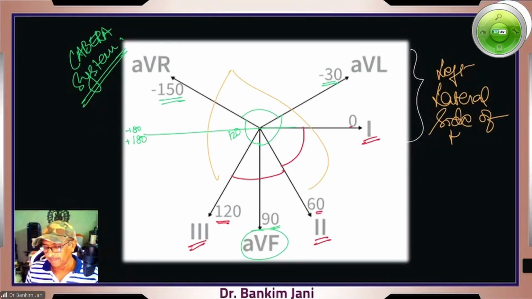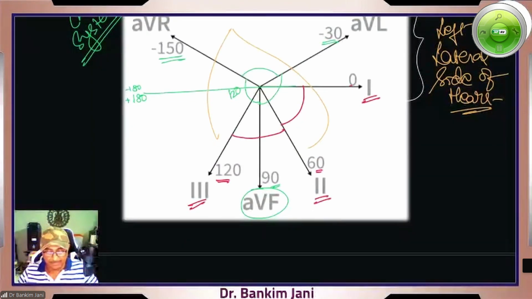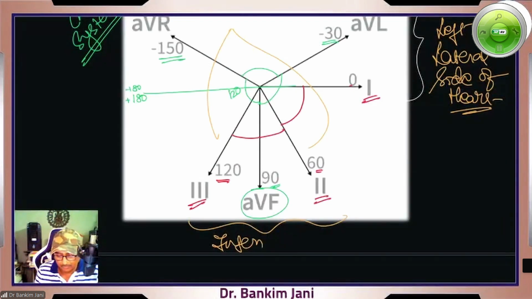What about 2 and 3? 2 and 3 and AVF will be watching the inferior aspect of the heart.